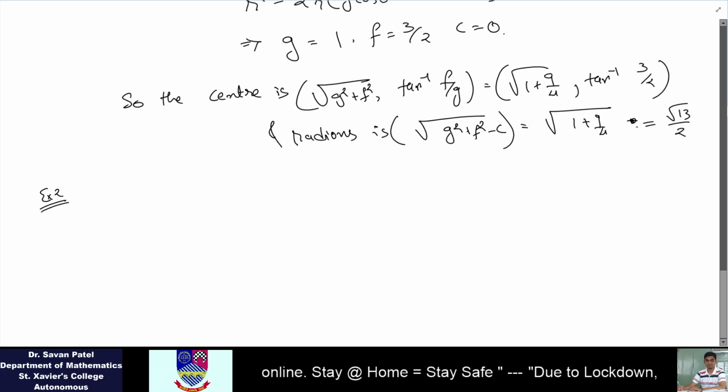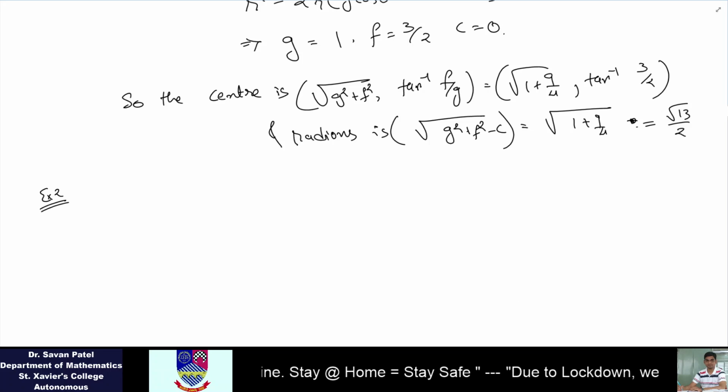Let's go to the second problem. Here you have the reverse process, meaning you are given a circle and one extreme point and you are supposed to find out the other extreme point.